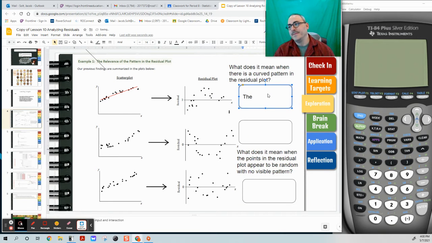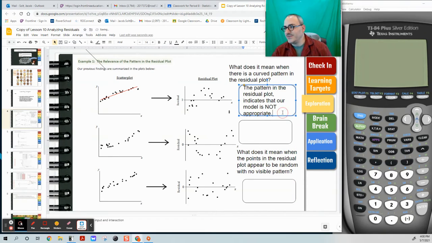So the pattern in the residual plot indicates that our model is not appropriate. The pattern in our residual plot should indicate to us that the model is not appropriate.